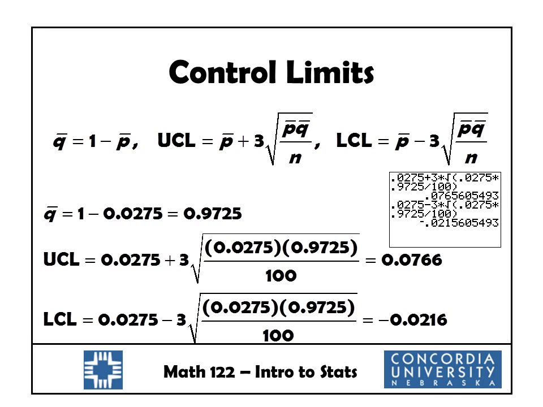And so we get an upper control limit of 0.0766 and a lower control limit of negative 0.0216. Those mean that any sample proportion greater than 0.0766 would be very unusual and indicate that something's not right. Likewise, any sample proportion less than negative 0.0216 would be very unusual and indicate that something's incorrect.